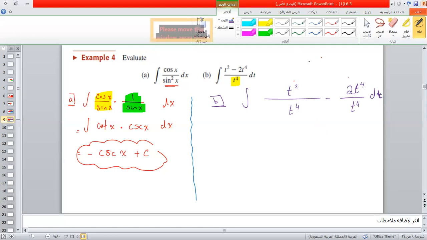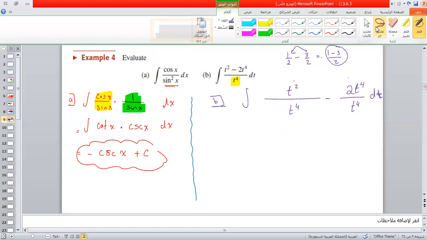When we have two fractions like 1 over 2 minus 3 over 2, we can write them as 1 minus 3 over 2, so you can split your fraction into the difference of two fractions. Now, how to subtract the powers?